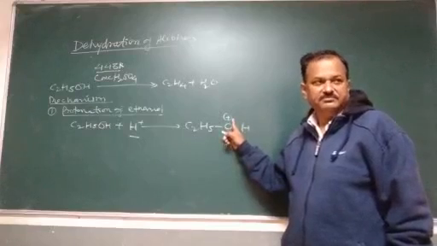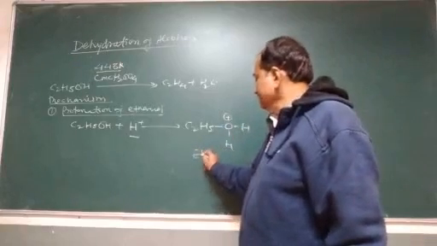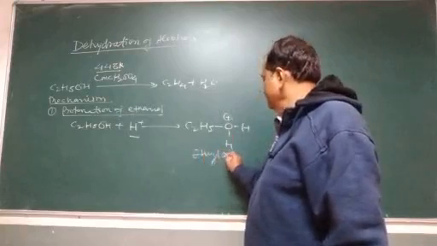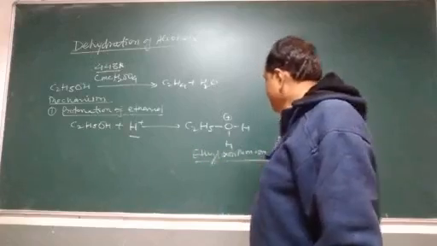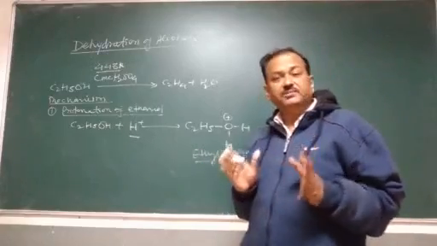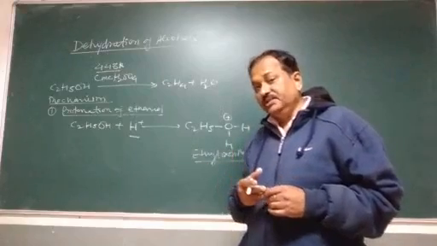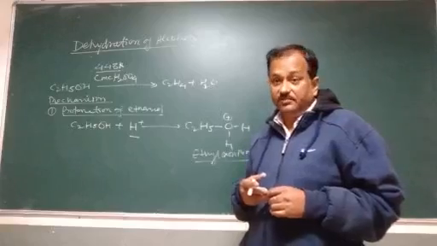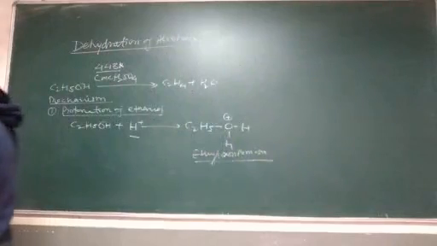Oxonium. So it is ethyl oxonium ion. It's a very simple rule. When oxygen carries a positive charge, it is called an oxonium ion. When carbon carries a positive charge, it is called a carbonium ion. So this is the first step, protonation of the alcohol molecule.